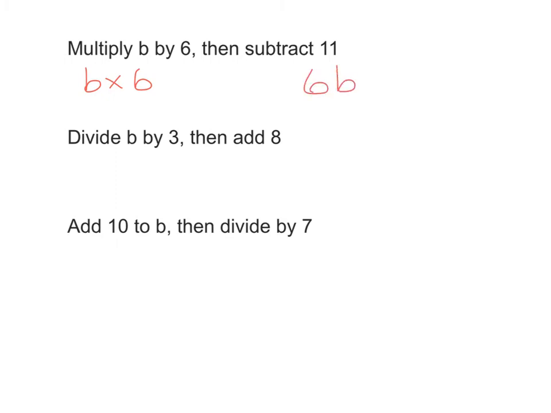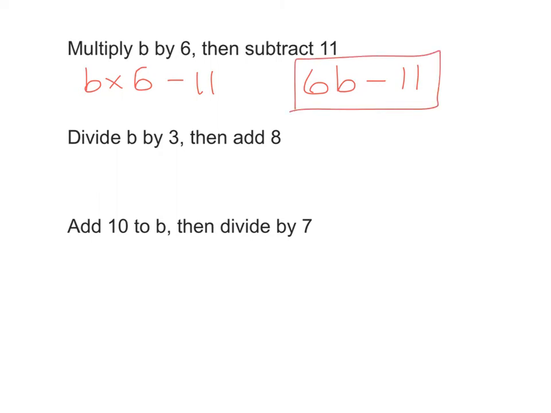Then subtract 11, so this one would be 6b minus 11. While both of these are correct, this one is more algebraically correct because we left out the times sign. That looks like another variable x. So try to get used to doing it the correct algebra way.